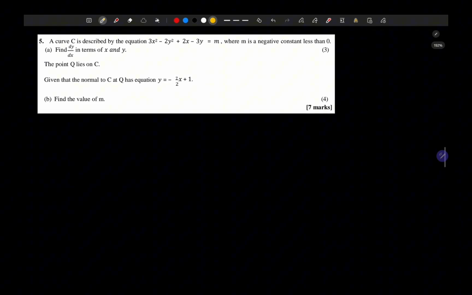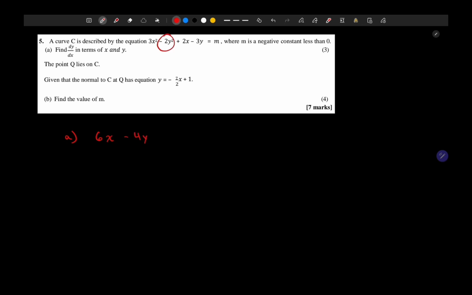The curve C is described by this equation, where m is a negative constant less than 0. Find dy over dx in terms of x and y. So we need to apply implicit differentiation, which means we need to differentiate every single term separately. If we differentiate this, we get 6x, and if we differentiate this term, we get negative 4y.